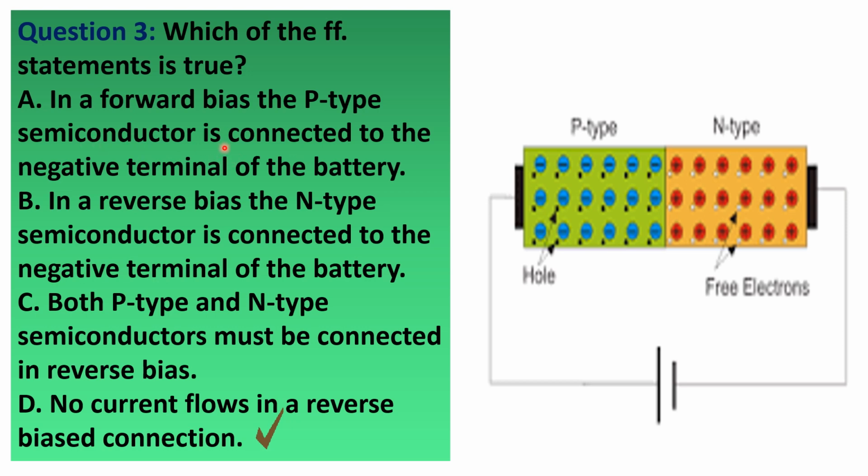So that's what makes this statement incorrect. And in letter B, likewise, in a reverse bias, the n-type semiconductor is connected not to the negative terminal, but to the positive terminal. Alright? Of course, letter C is also incorrect.